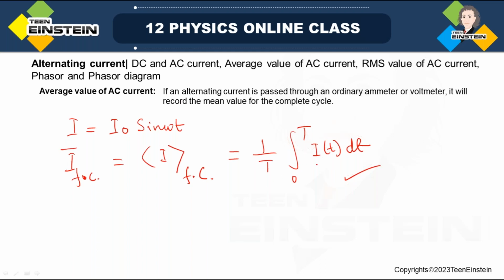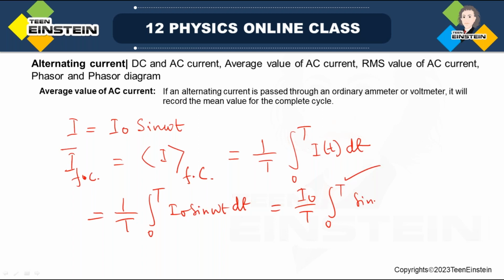If we take the integration of this I0 sine omega t, let us see what we get. I0 divided by T, integral from 0 to T of sine omega t dt.